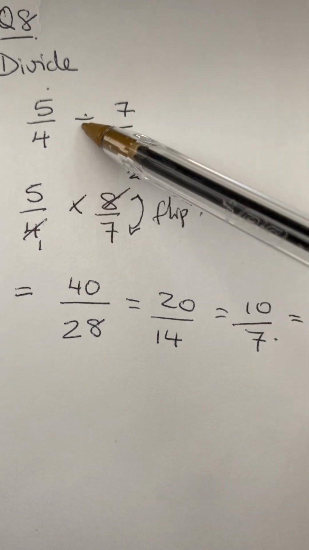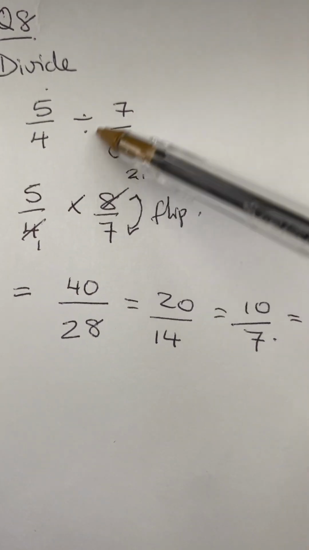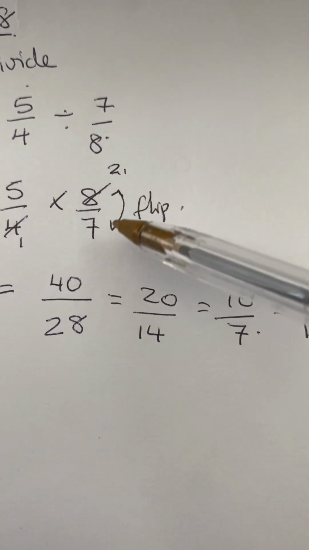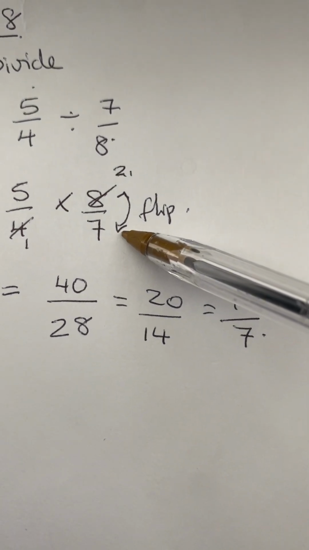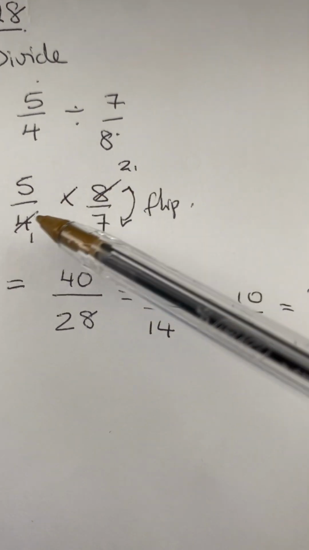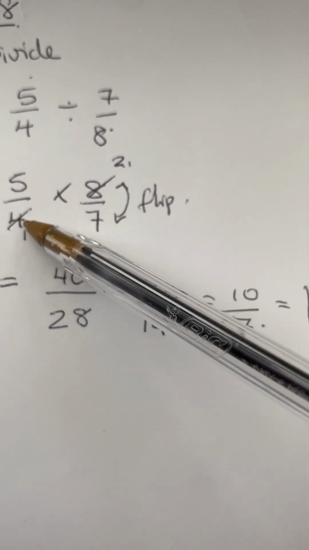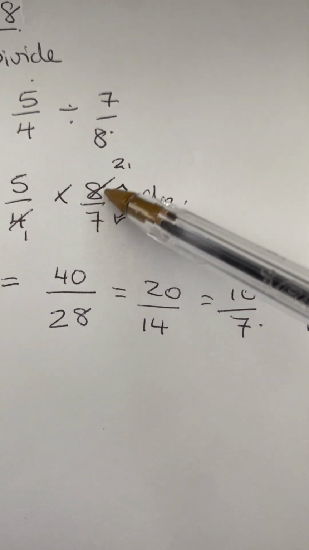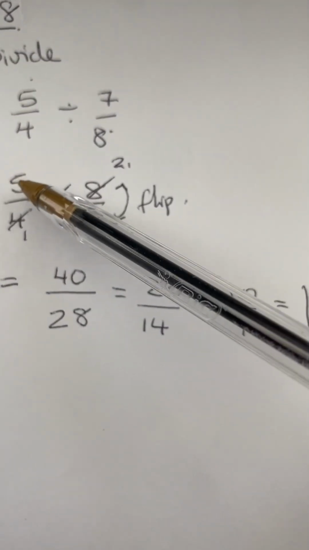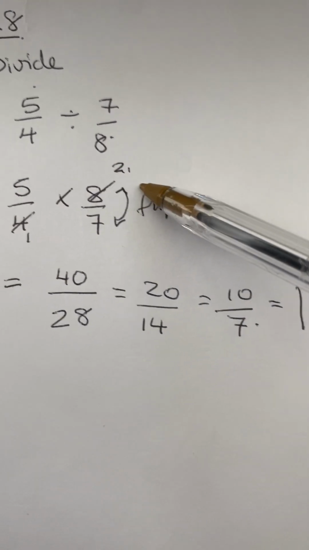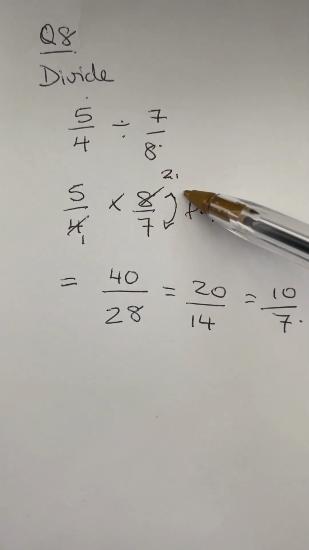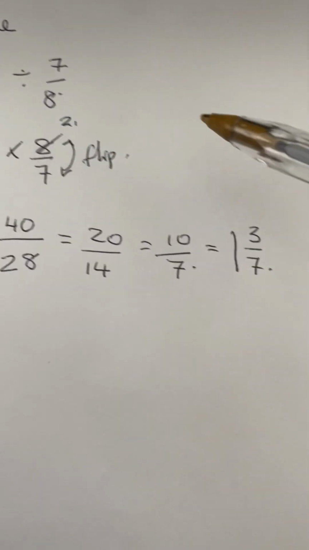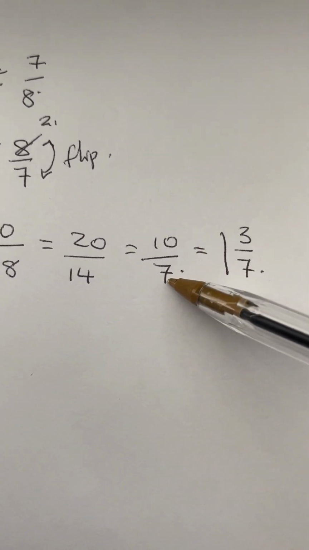Immediately you change the division to times, you have to flip the second fraction, and I've done the flip here. You should never forget. So here, how many 4s do we have in 4? 1. How many 4s do we have in 8? 2. So 5 times 2 is 10. And then 1 times 7 is 7. So your answer should give you 10 over 7.